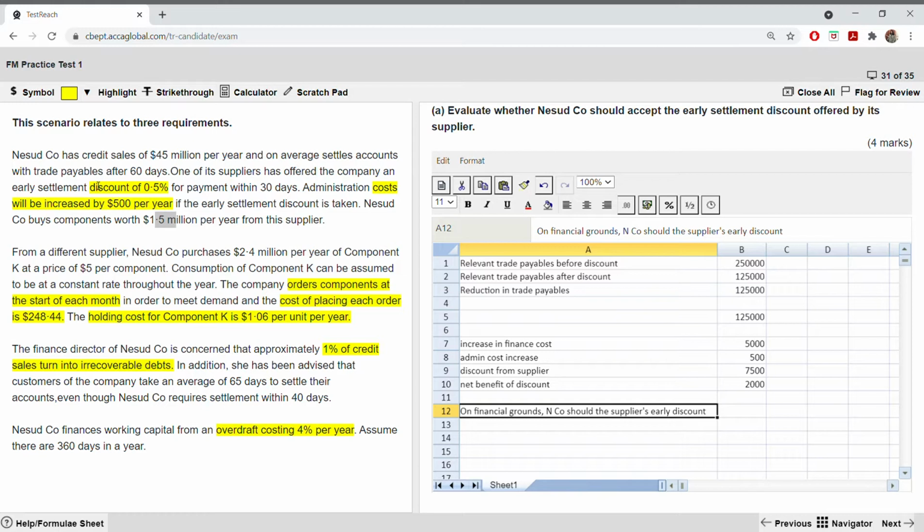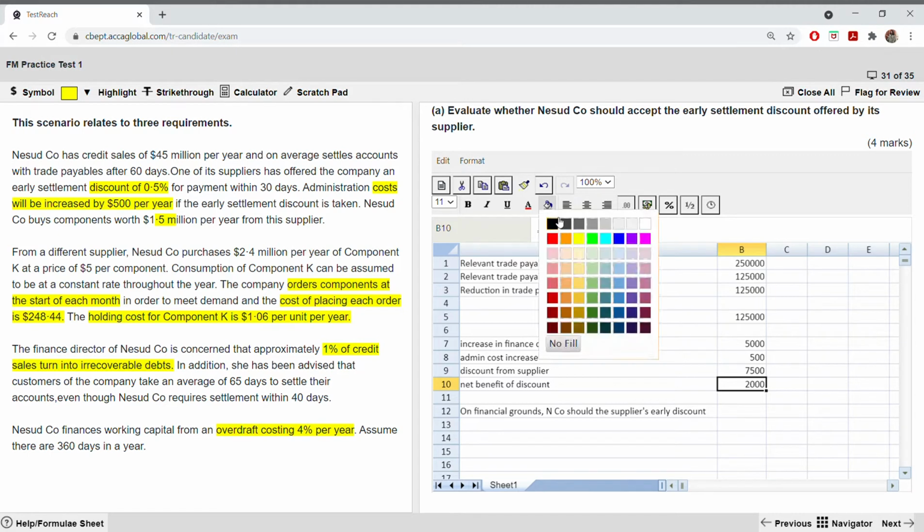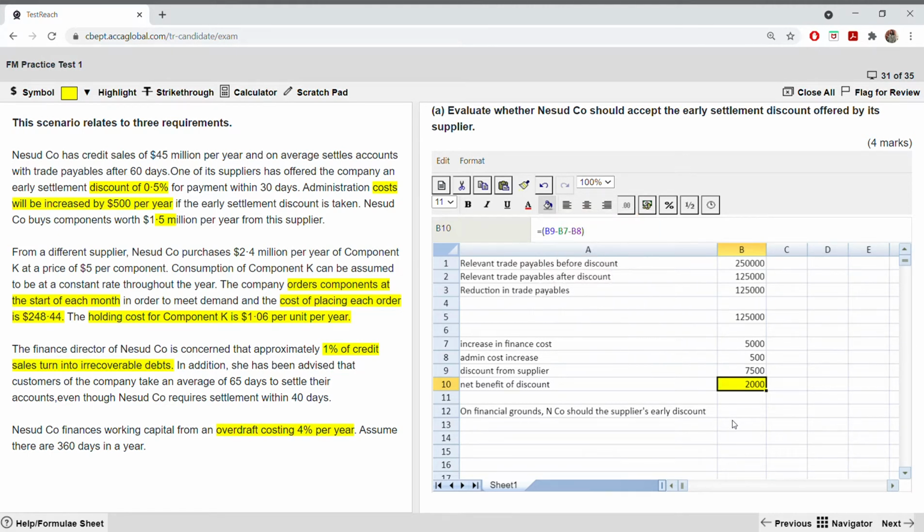Of the 4 marks, you get 1 mark to find the change in trade payables, that reduction. Another 1 mark for increase in finance cost. Let me highlight it; you can color the cell if you want to highlight.